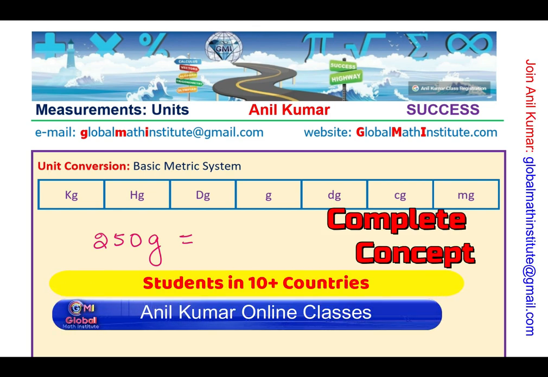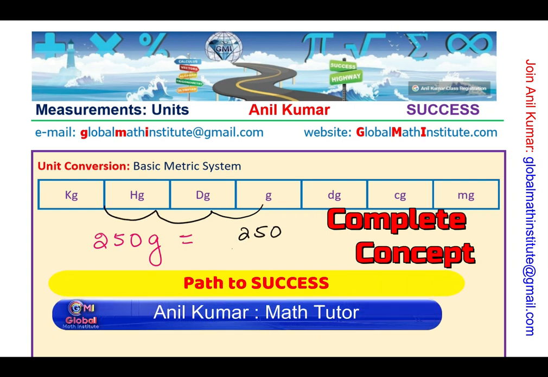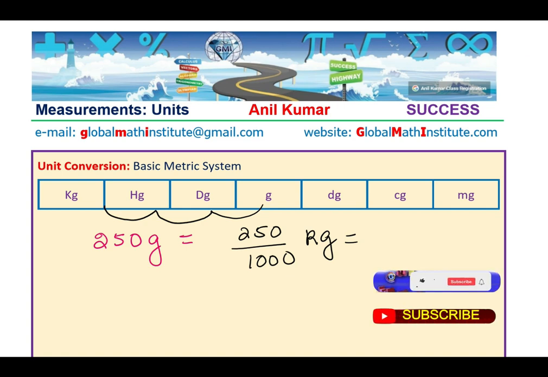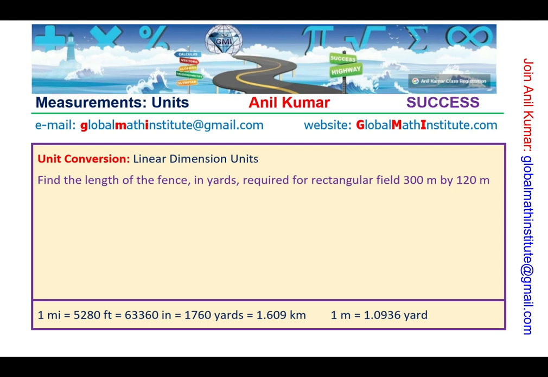In that case, we have to divide by 1000, 10, 10, 10, right? So it equals 250 over 1000 kilogram. Multiplication and division with decimal numbers is very easy, especially when you are dividing and multiplying by tens, hundreds, thousands. Just move the decimal place, you get 0.25 kilograms. Correct.